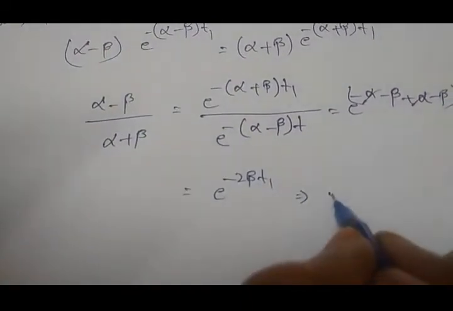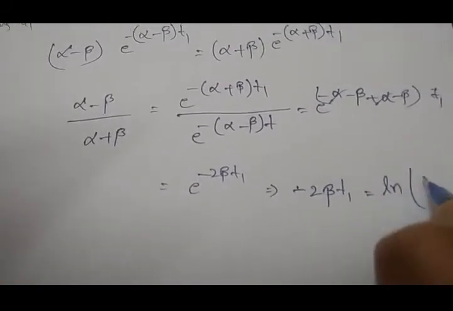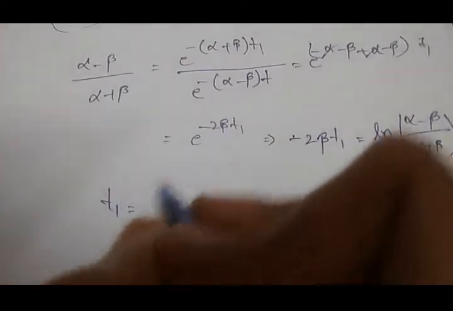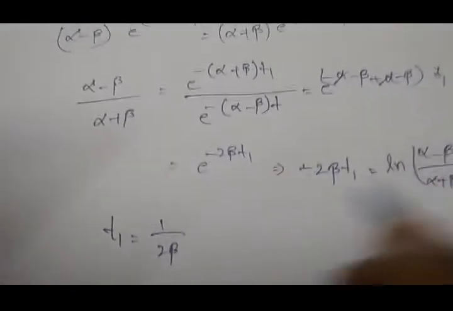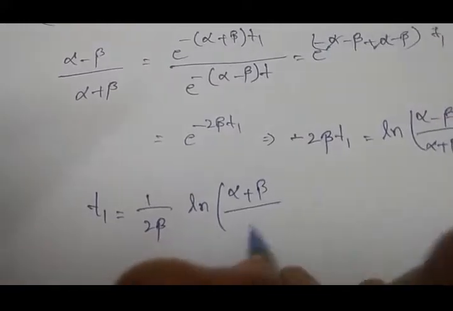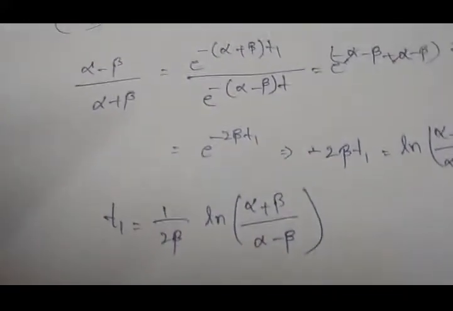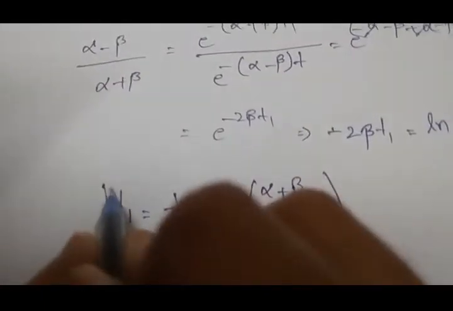So take the logarithm on both sides. 2 beta T1 equals ln of alpha minus beta divided by alpha plus beta. So from this the T1 value, T1 equals 1 by 2 beta, taking the negative term and just inverting the logarithm, alpha plus beta divided by alpha minus beta. So this is the expression for your time to reach your maximum value. This is T1.